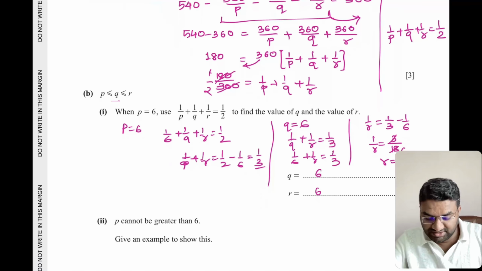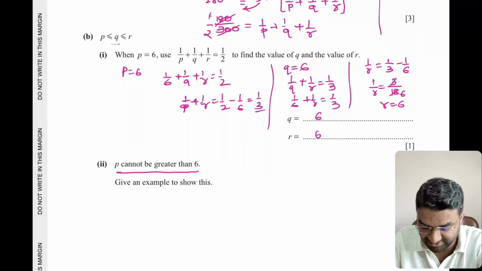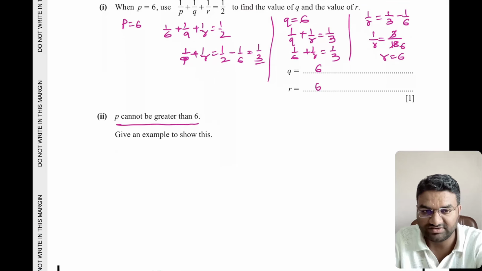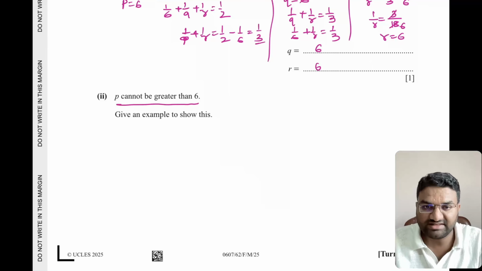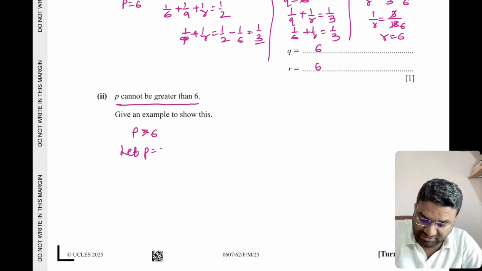Then p cannot be greater than 6. Let me give an example to show this. Let's take p greater than 6, any value. Let's assume that p is equal to 7.